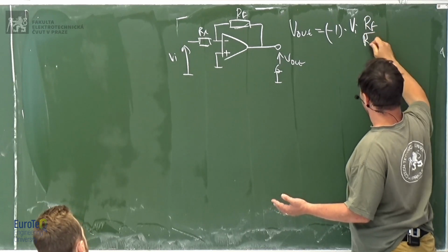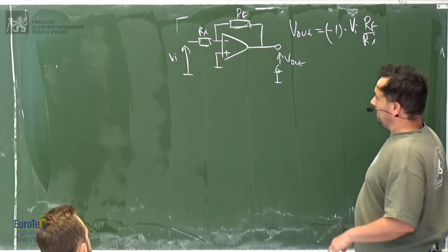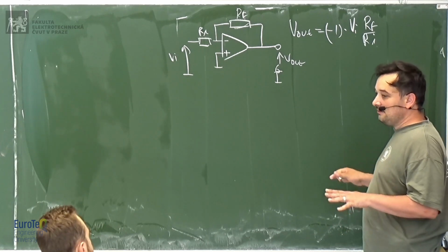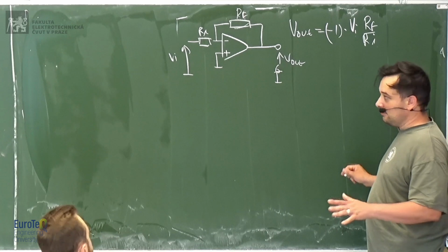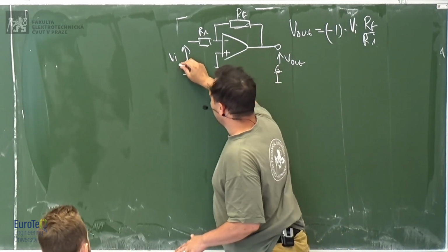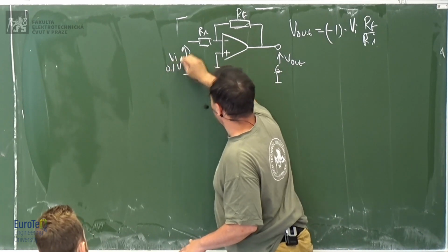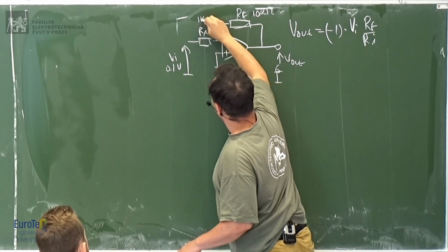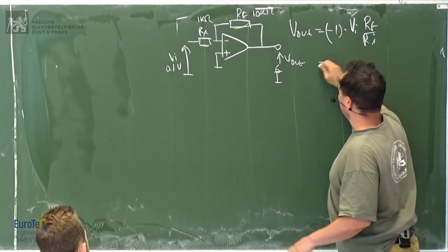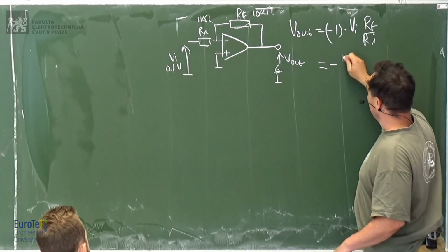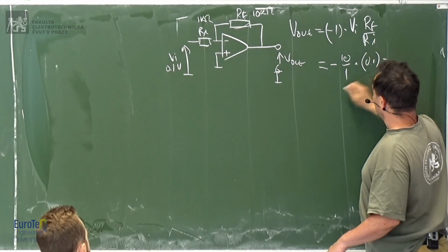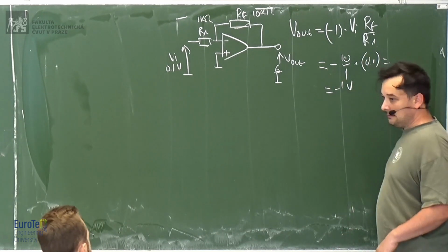This holds in any condition. If the DC voltage is, say, 0.1 volt, with 10 kilo ohms for RF and 1 kilo ohm for R input, you get negative 10 divided by 1 times 0.1 volts. It's negative 1 volt, okay?